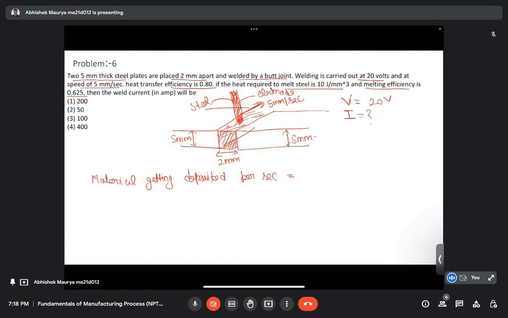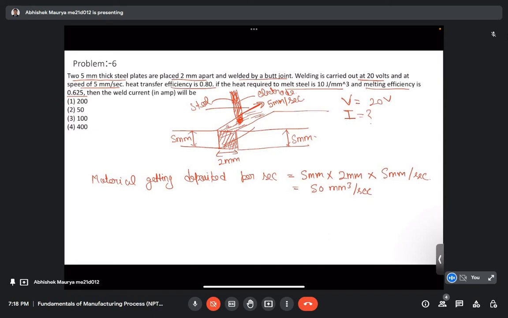So that will be 5 mm multiplied by 2 mm, multiplied by 5 mm per second. So it will come out to 50 mm cube per second. So this much material is getting deposited per second.